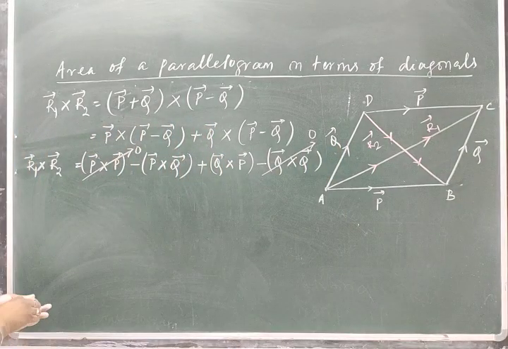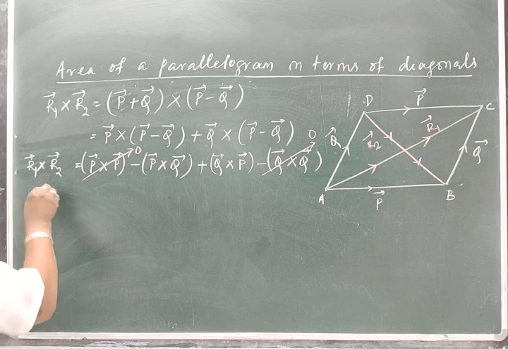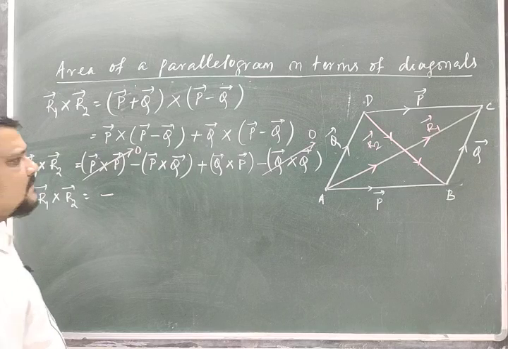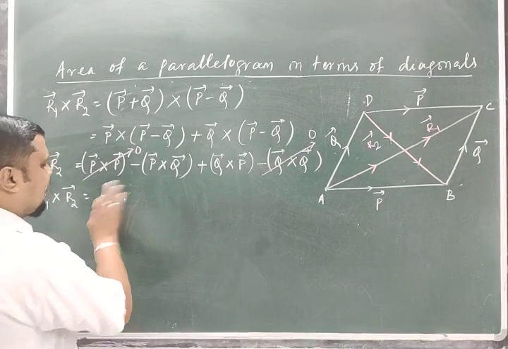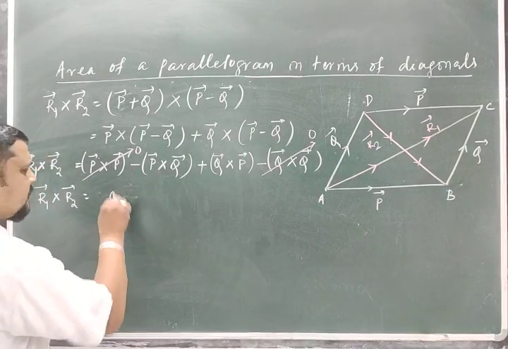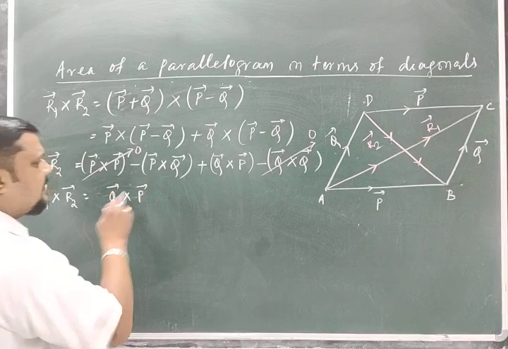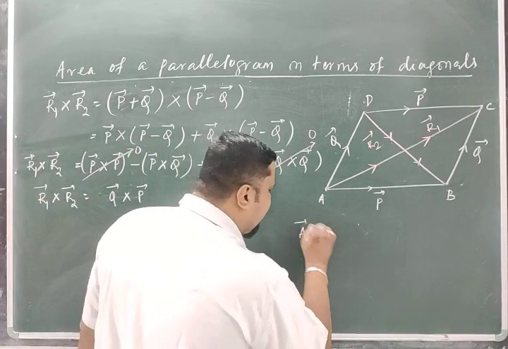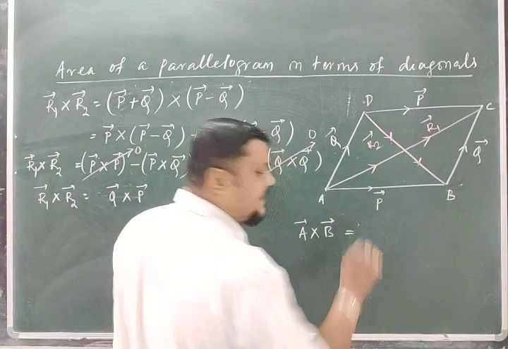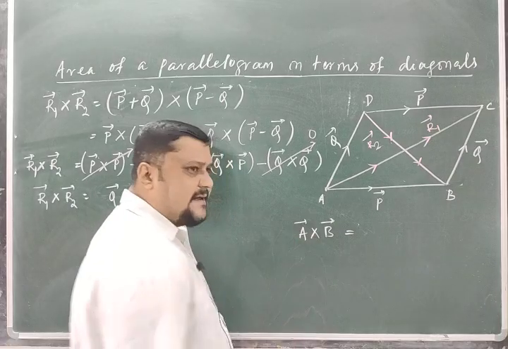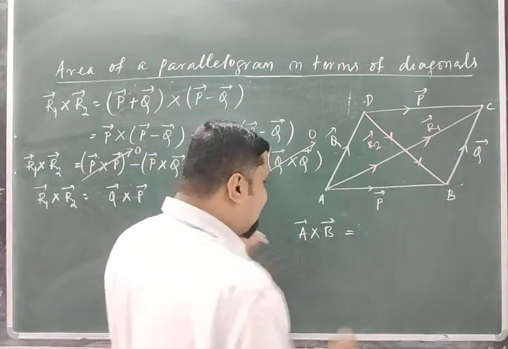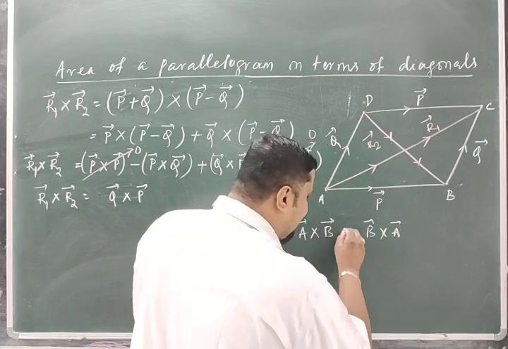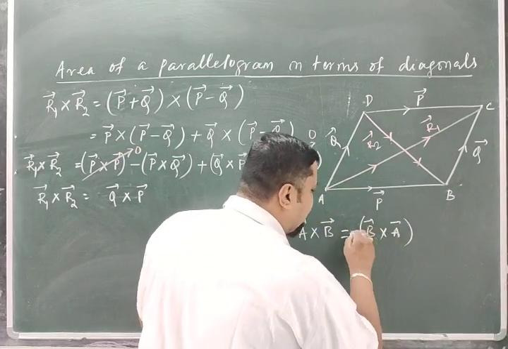So the remaining part is R1 cross R2 equal to minus P cross Q. I can write this as Q cross P. Where does this come from? A cross B: the cross product is not commutative, meaning A cross B is not equal to B cross A, but if you make them equal, there should be a minus sign.